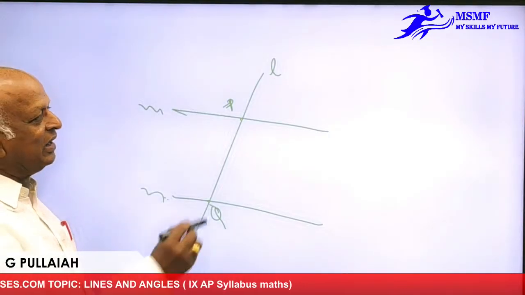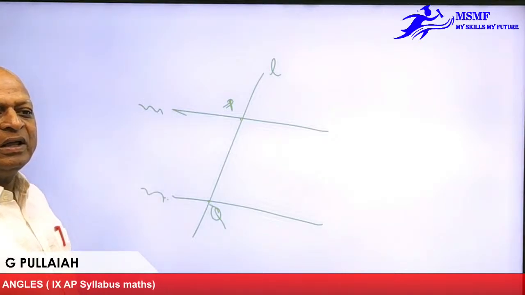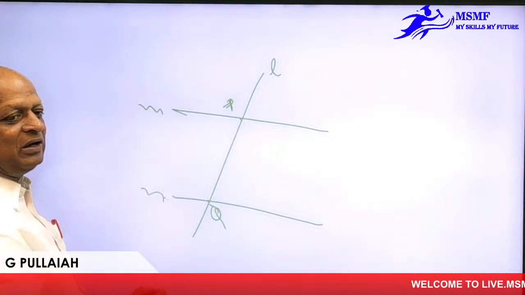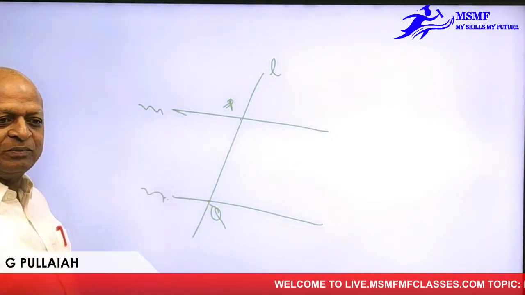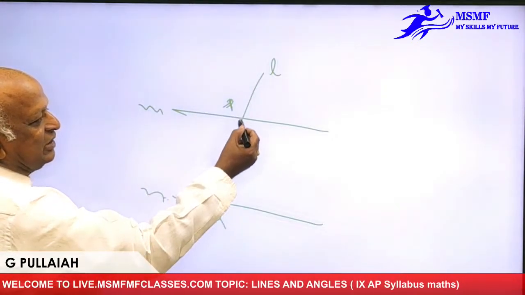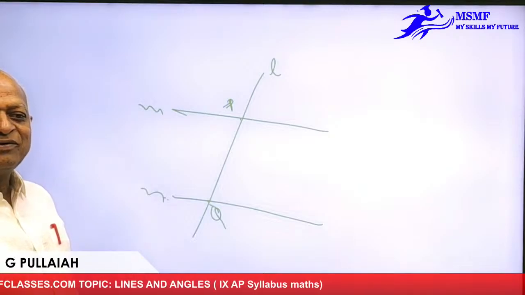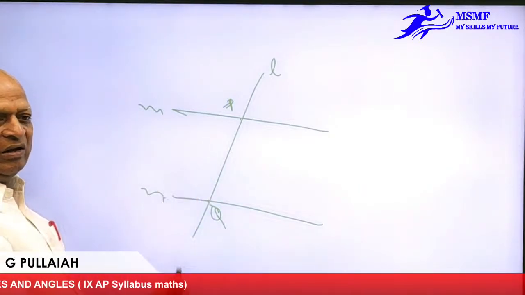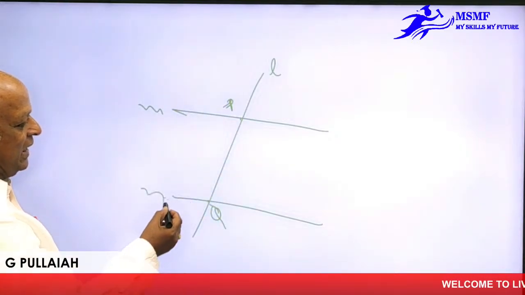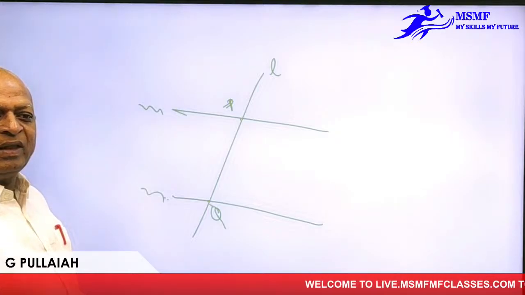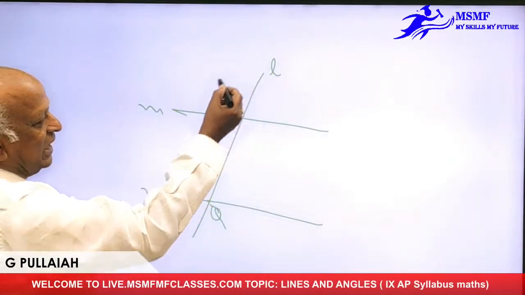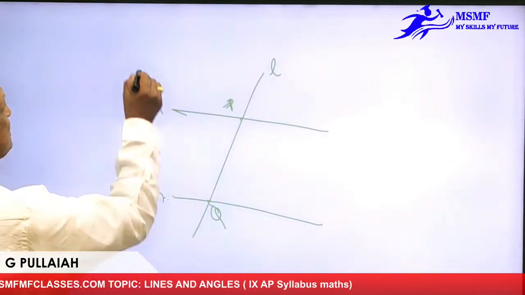M intersects at one point and N intersects at another point, only one point each. But L intersects at 2 points. Observe very carefully here. M intersects at one point, N intersects at one point, but L intersects at 2 points. So here, this L is said to be the transversal.